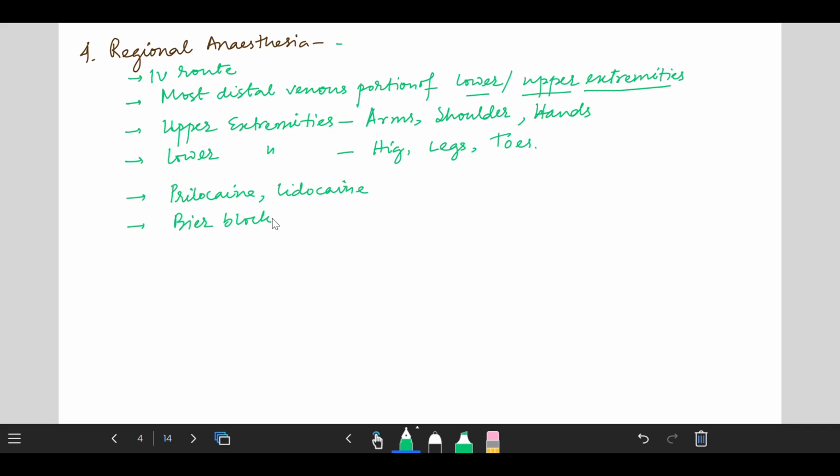Now, we will understand the fifth procedure, that is spinal anesthesia.